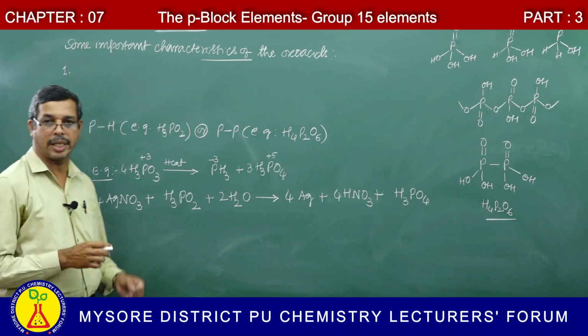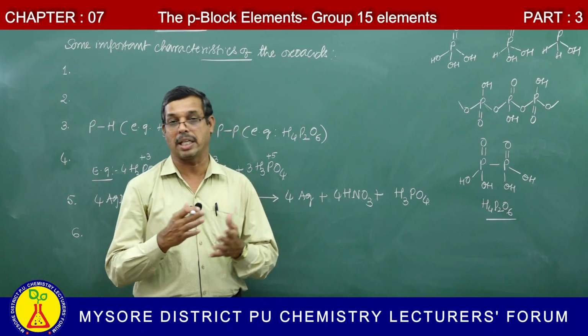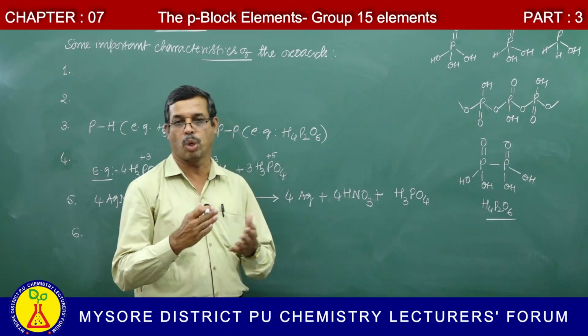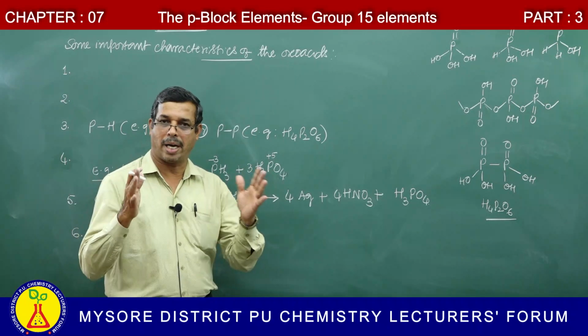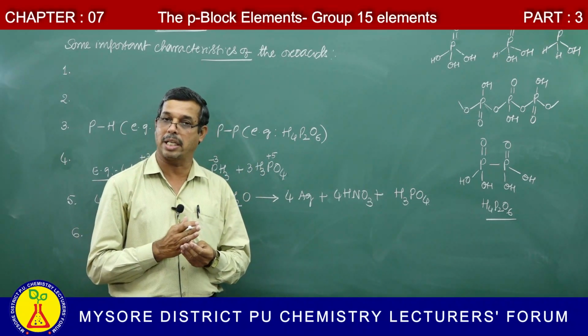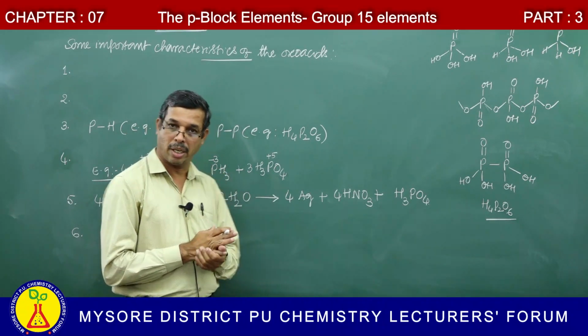Next, sixth one. In oxoacids, the P-H bond is not ionizable and does not play an important role in basicity. But the hydrogen atoms of P-OH bonds are ionizable and are responsible for basicity.